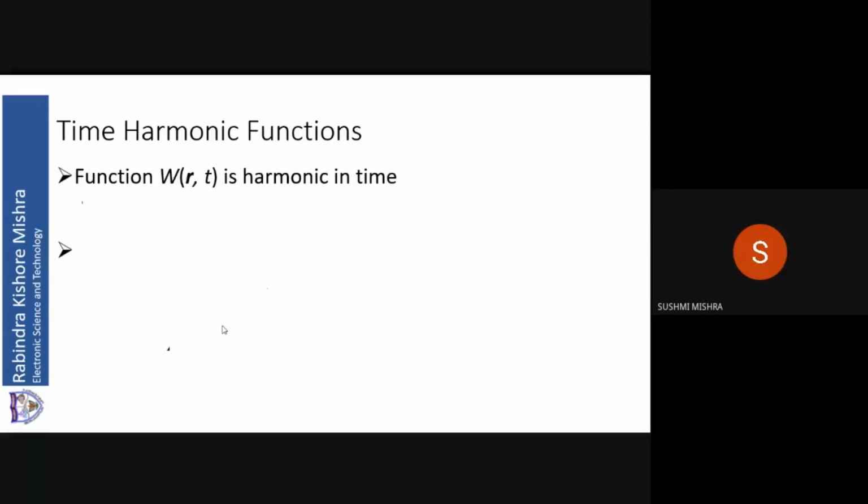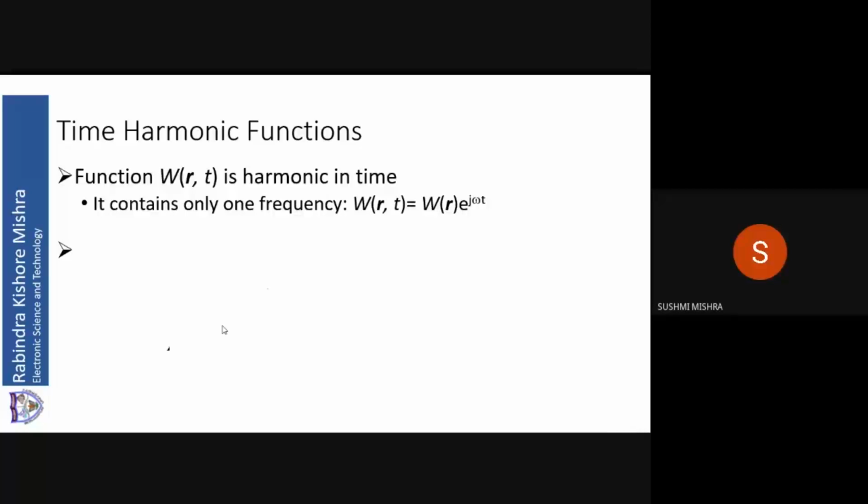If it is repeating itself in a particular interval of time, suppose we take that time to be capital T, then we know from elementary physics that T is equal to 1 upon f, which means T is associated with a frequency. T is associated with one frequency only, not many frequencies. Therefore, a time harmonic function will contain only one frequency.